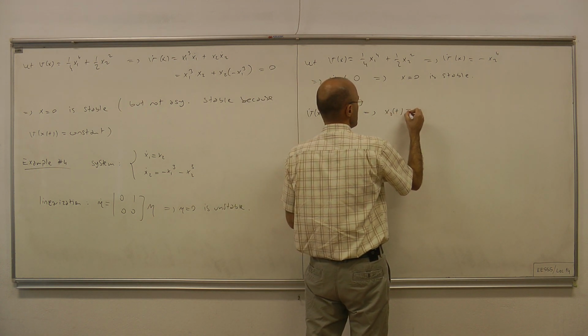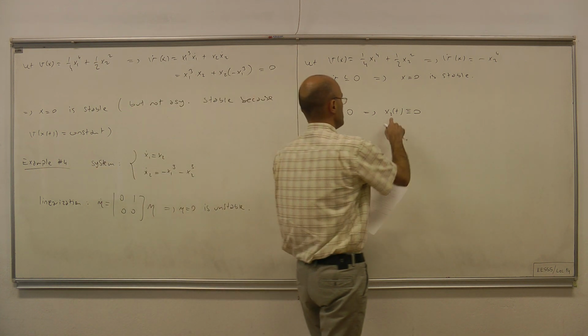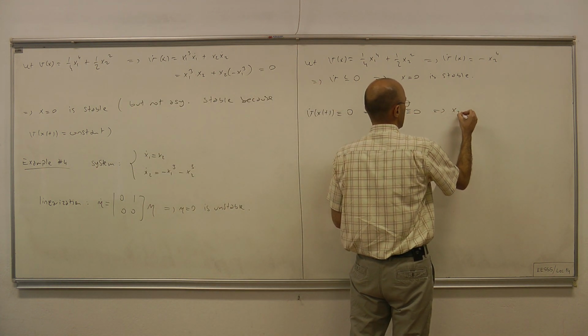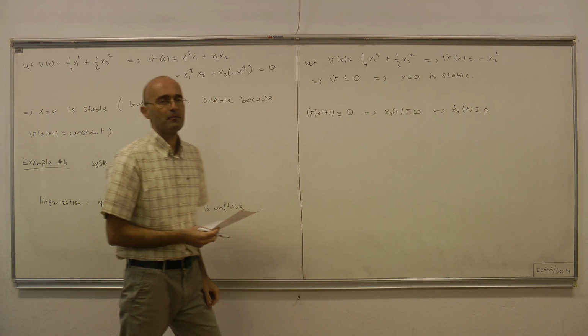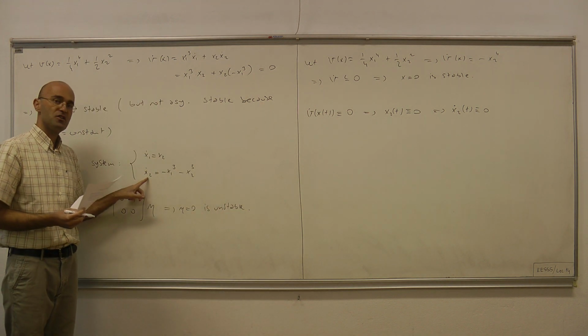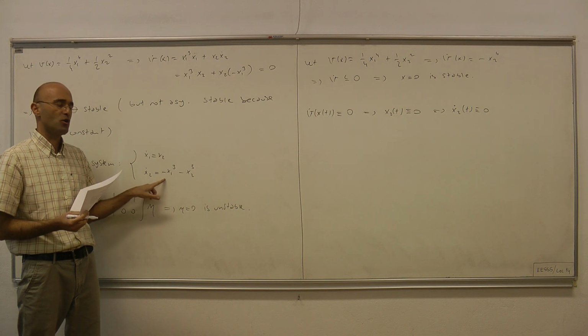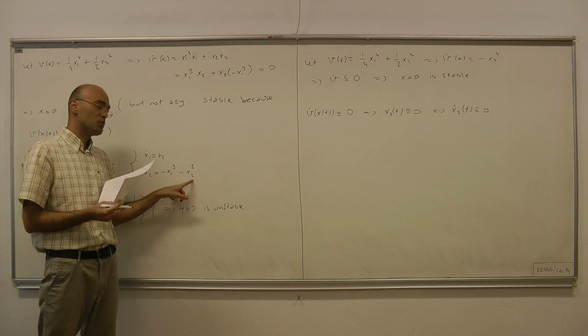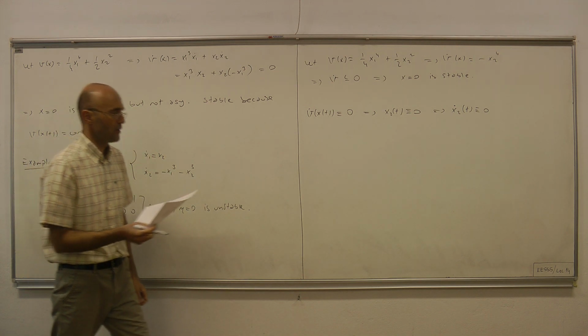If x2 is identically zero, clearly its derivative is identically zero. And then here is the system. This is the derivative x2 dot. If this is identically zero, and we already know that x2 is identically zero, therefore x1 must also be identically zero.